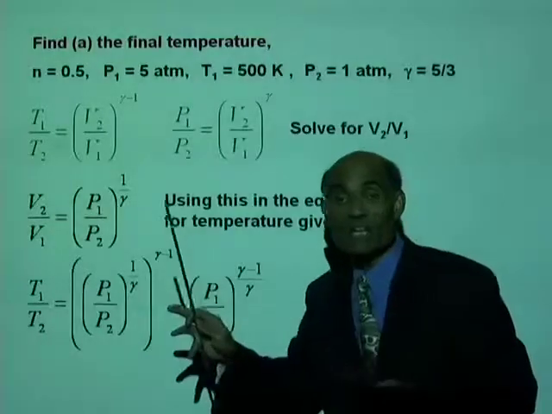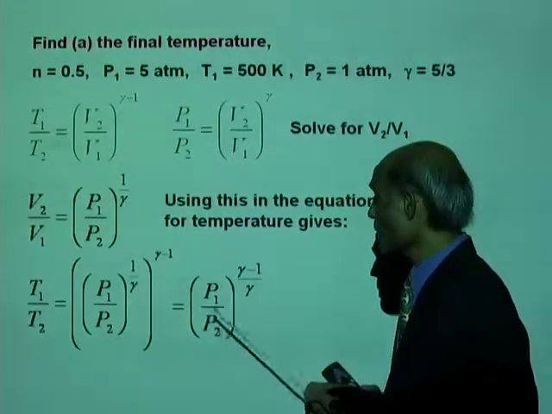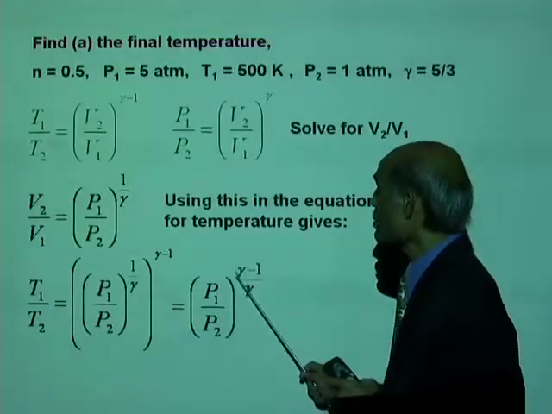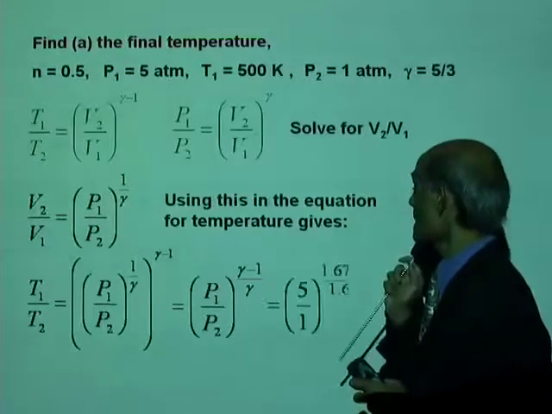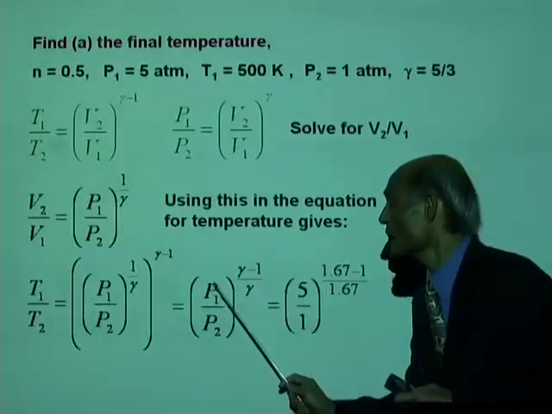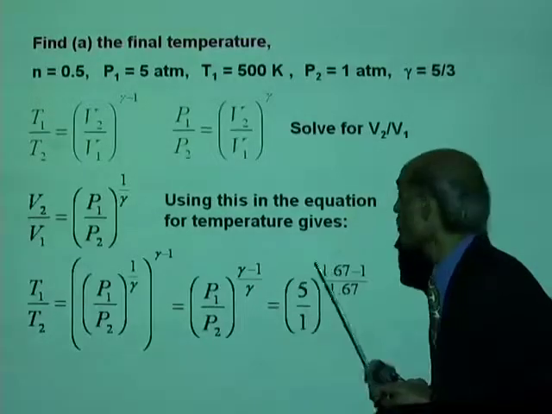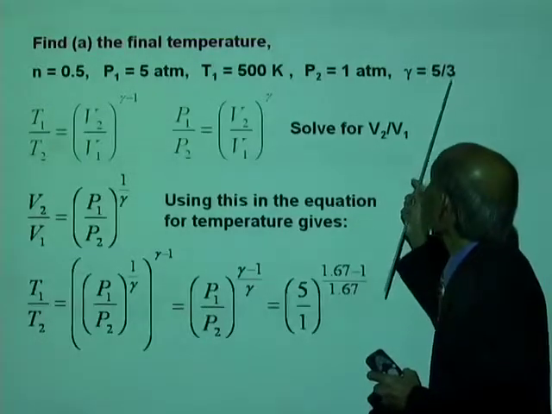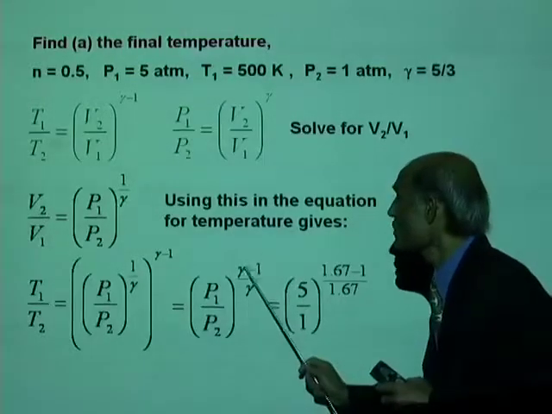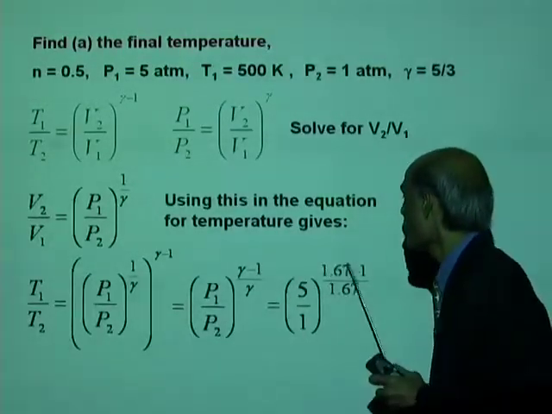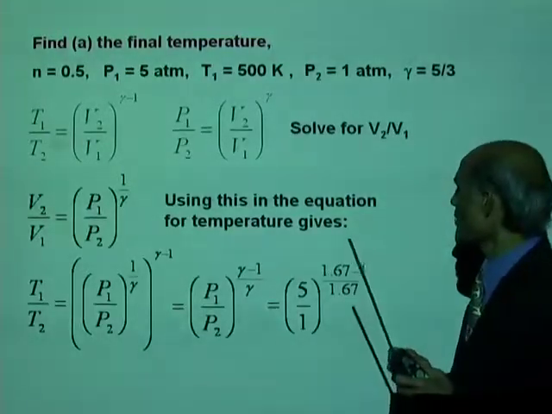Well, I haven't used any of the values so far, but I can use them now. P1 over P2 is 5, gamma is 5 over 3. So let's use that. P1 over P2 is 5 over 1. I'm using the approximate value of 5 over 3 as 1.67. Gamma minus 1, 1.67 minus 1, over gamma, which is 1.67.